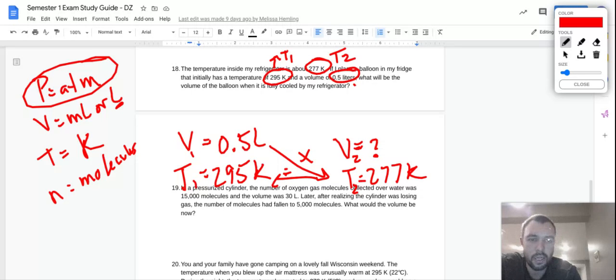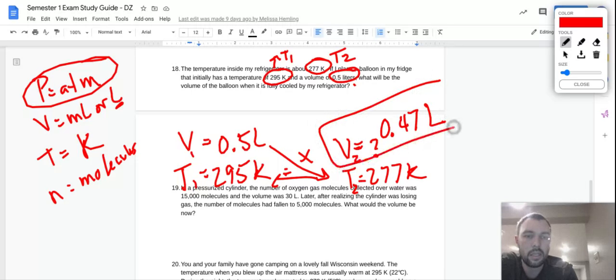So let's take a look. 0.5 times 277 divided by 295 gets us 0.47. I'll round that to, and I'll do liters. Liters. That should be our final answer.